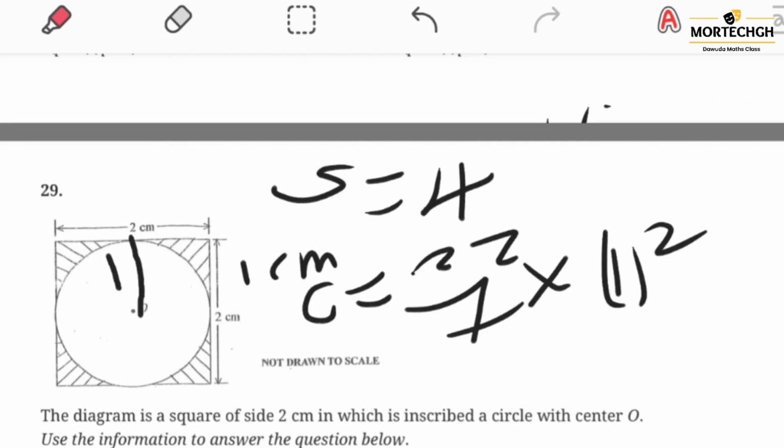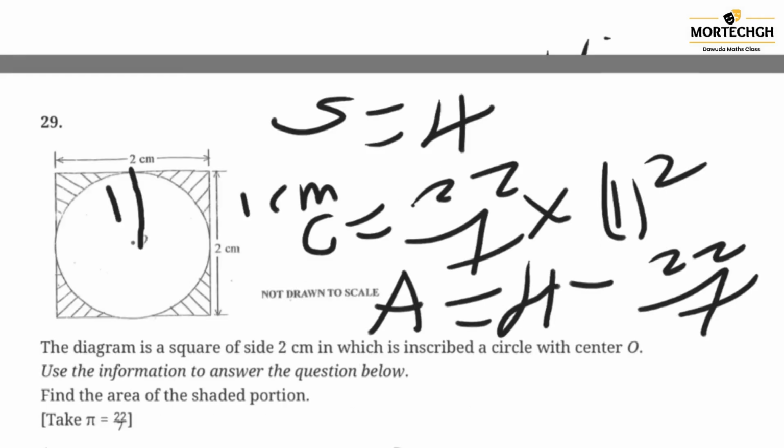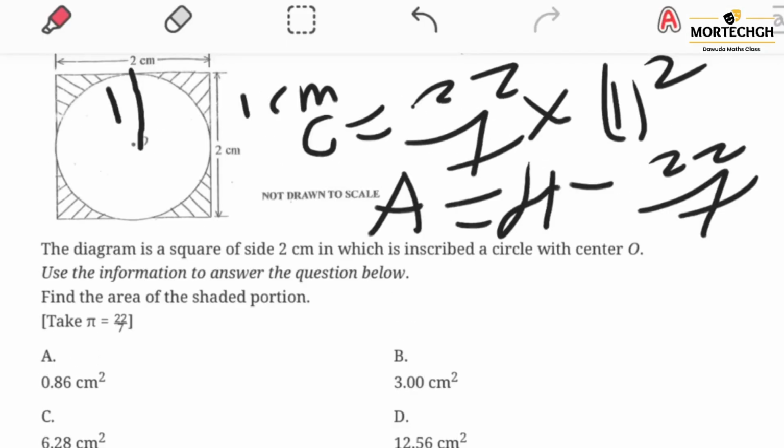So the area of the shaded portion, A, will be equal to the area of the square minus the area of the circle, which is 22/7. Let's find A. Here you can take the LCM as 7.